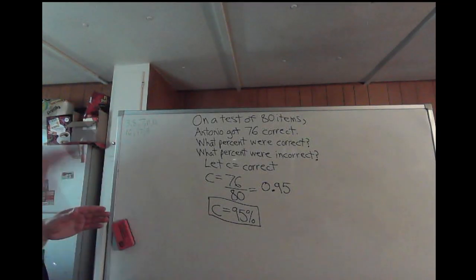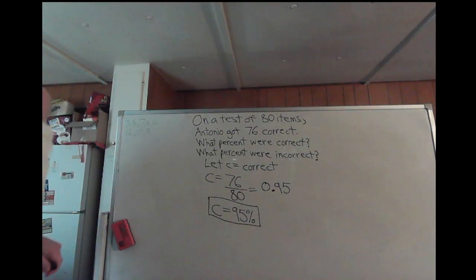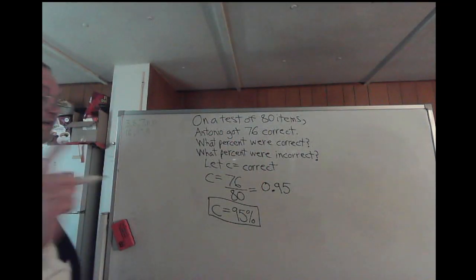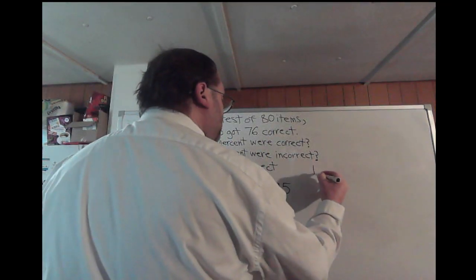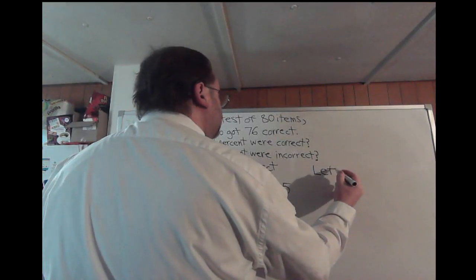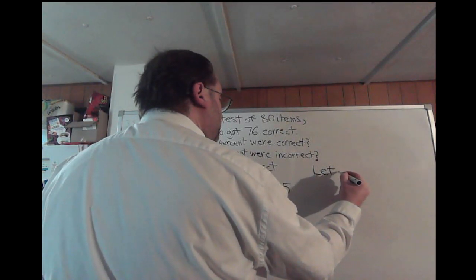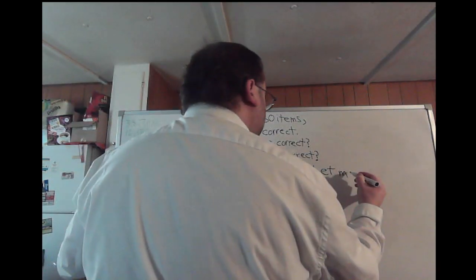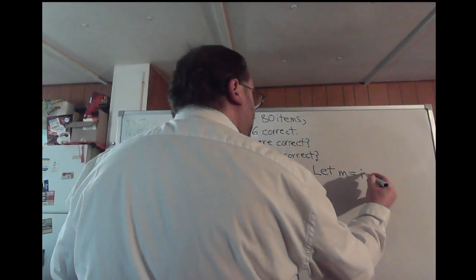Now, what percent are incorrect? If he got 76 correct out of 80, that means there were 4 out of 80 he did not get correct. So we will let M, because I'm going to treat it like he missed them, let M equal incorrect.